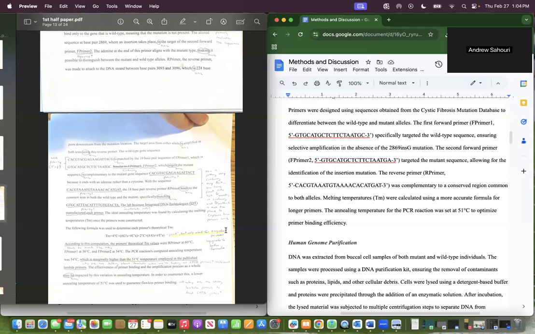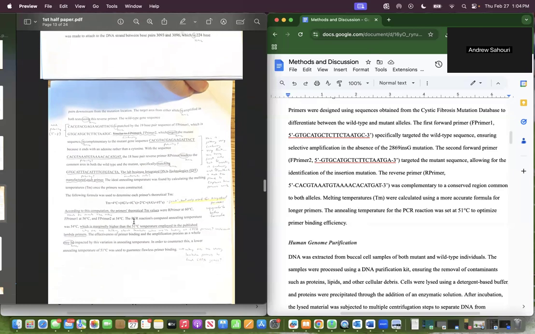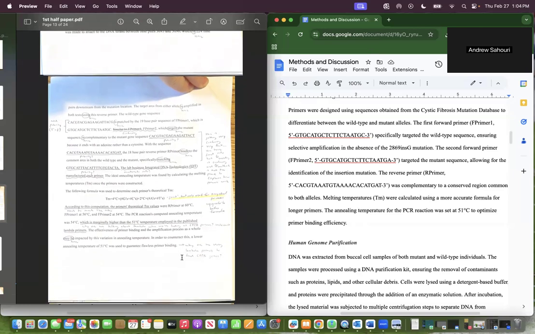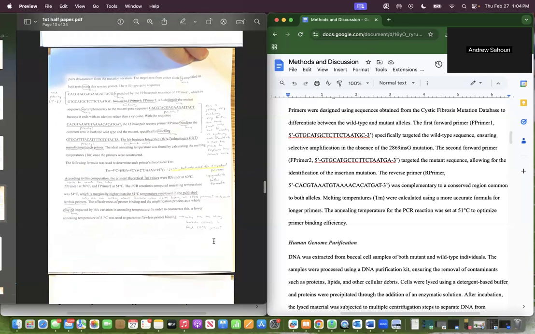I meant to put a newly revised one in there, but I didn't realize I never did that. So it's supposed to be put here. And then, why are we using lambda primers to find CFTR genes? That was just confusing, so I removed that because we're not using lambda primers to find that.